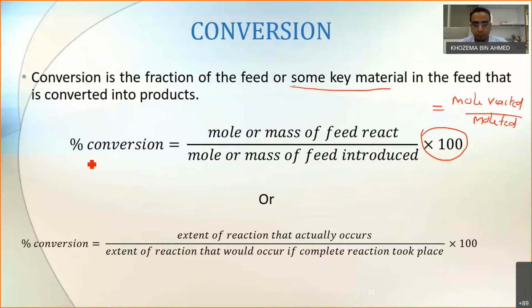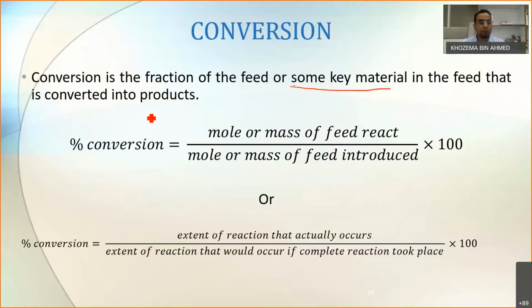It's the same number, it's just that either you are putting in percentage or fraction. So if the question asks you what is the fraction of conversion, don't times with 100. If the question is asking you what is the percentage of conversion, times with 100. Okay, so that is the first way you can find your conversion.